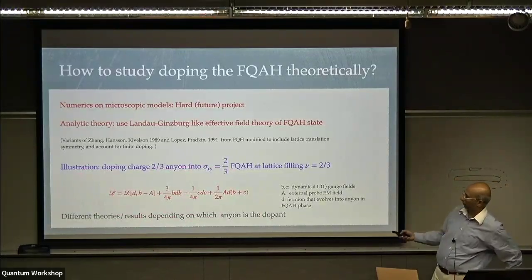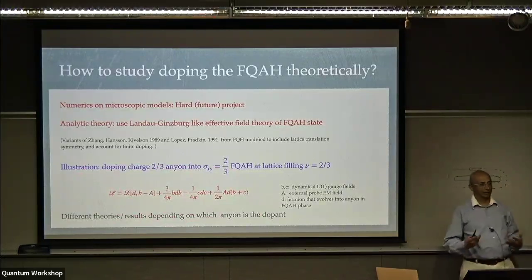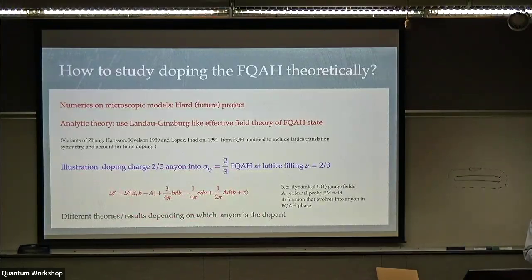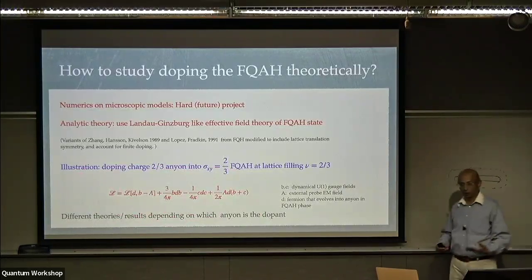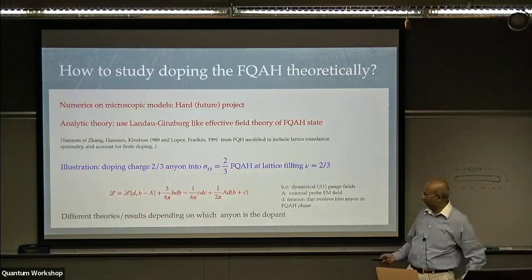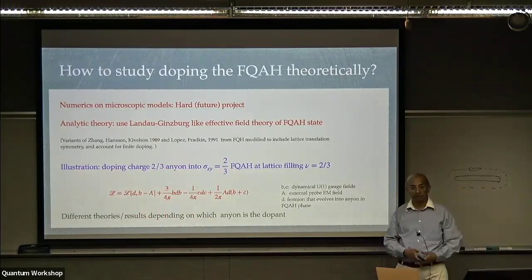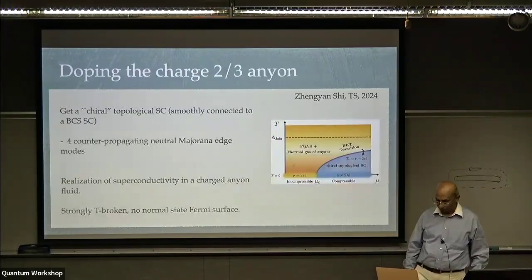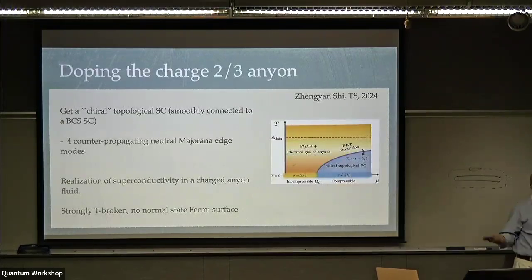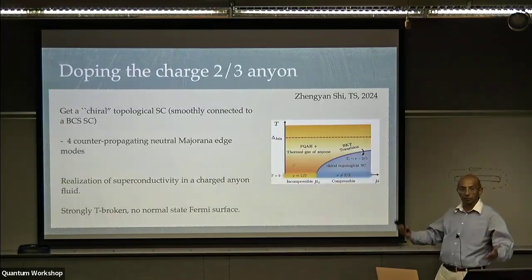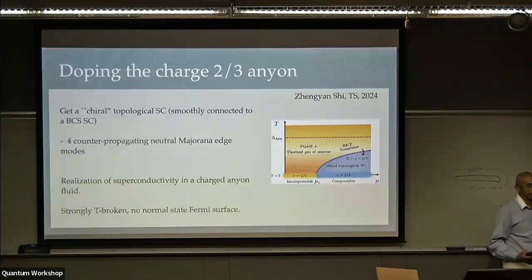And we can work with this field theory and then try to determine, in the spirit of Ginzburg-Landau, what the answer is when you dope the theories. And we'll get different answers and different theories depending on which anyon we dope into any given fractional quantum Hall state.